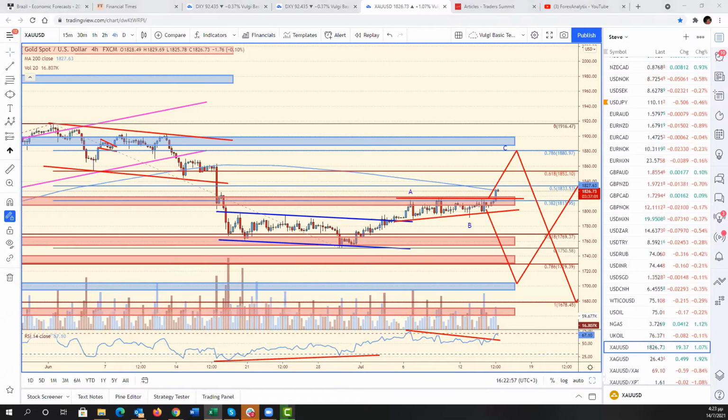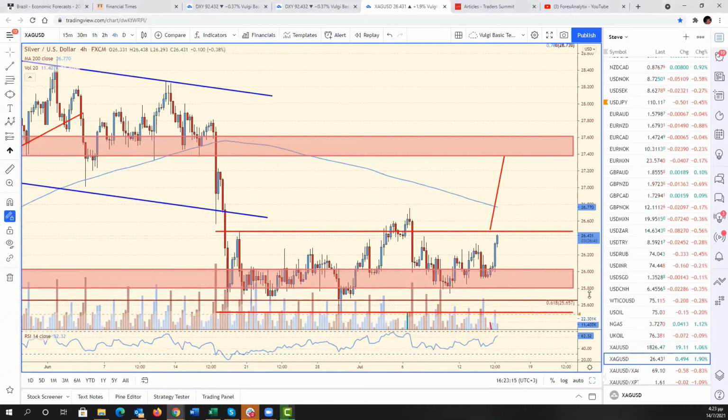Let's use the closest level for the time being, 1844. And support undeniably being this previous horizontal resistance area at 1816. And I will have to switch this to bullish in the short term, right?